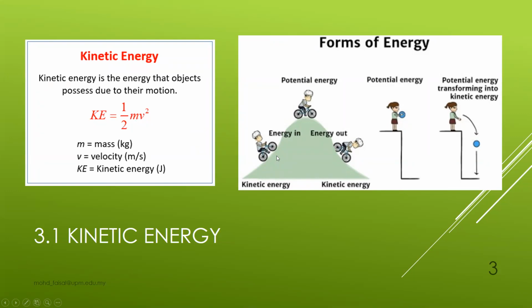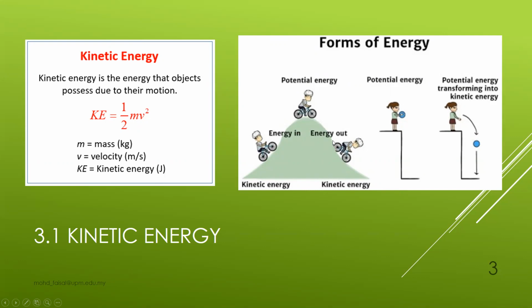On the right hand side here, what we can see is a young boy riding a bicycle going up a hill, climbing up. During the climbing, he deals with some kinetic energy, and when he stops at the very top of the hill, he actually has the highest potential energy at this particular point.